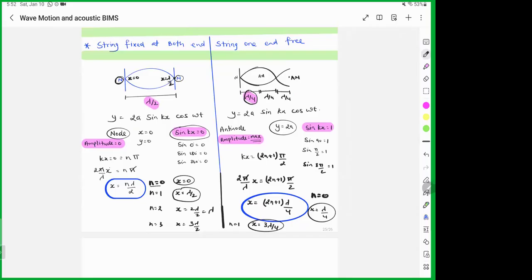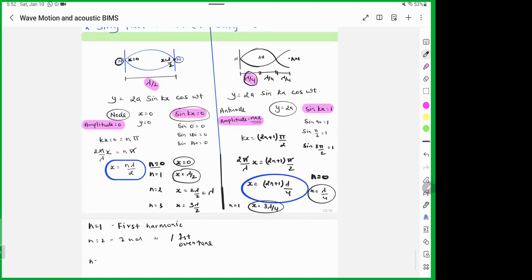If here your n value is 1, it is known as first harmonic. If n value is 2, second harmonic or first overtone. If n value is 3, third harmonic or second overtone. Something like that happens.